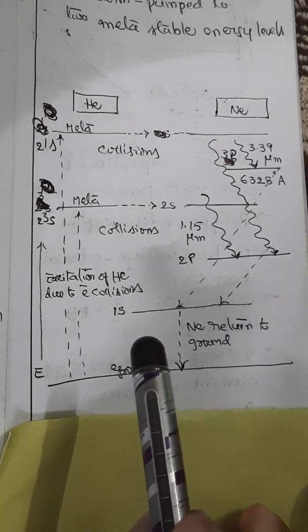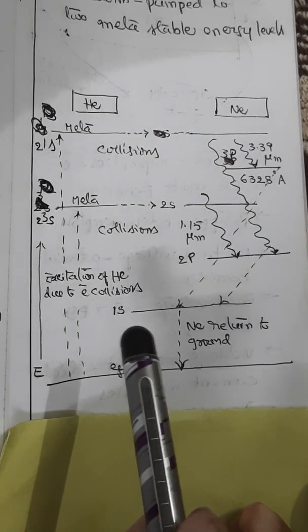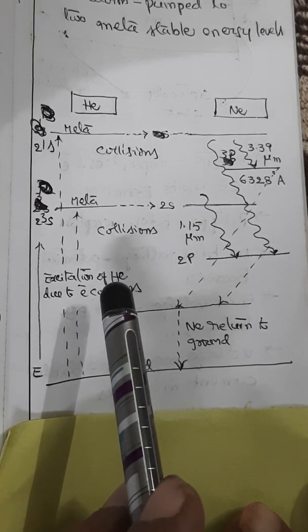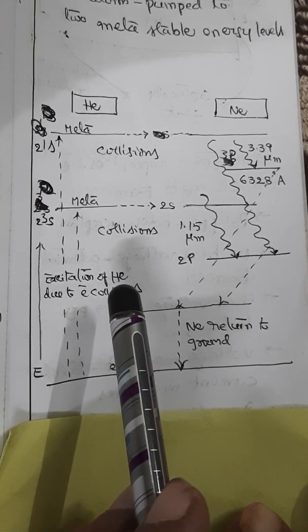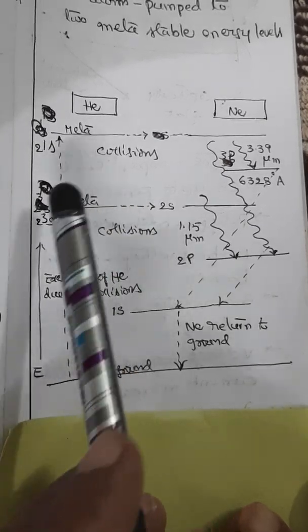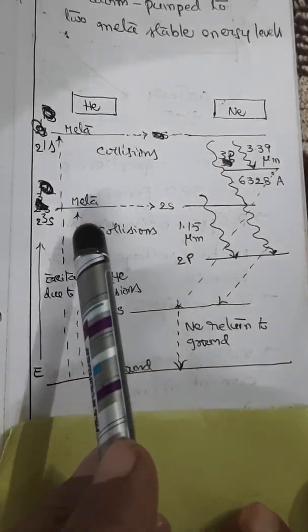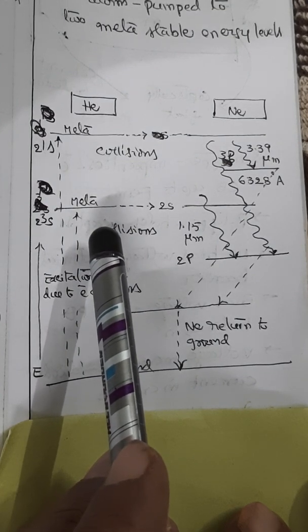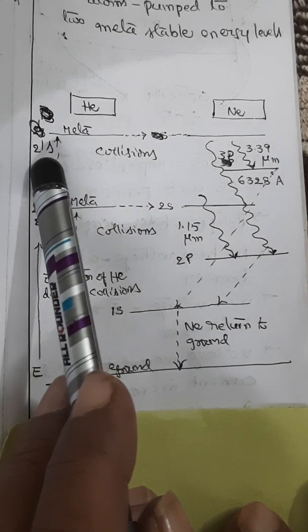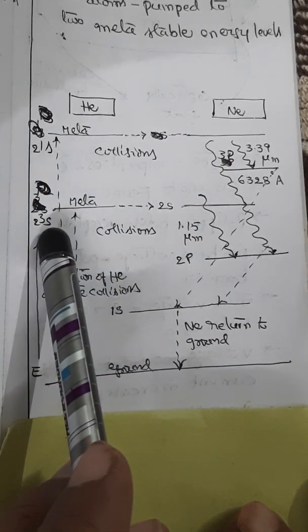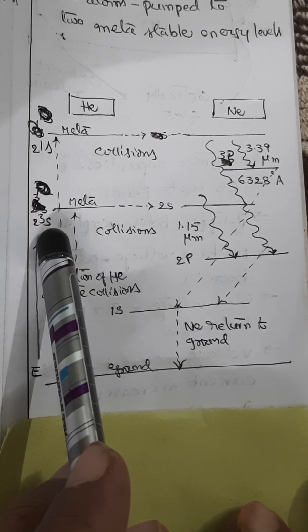When a fast moving electron collides with the ground state helium atom, the helium atoms are pumped to two metastable states. This is a metastable state and this is another metastable state. Those levels are named 21s, which is a metastable state, and 23s, which is also yet another metastable state of helium.